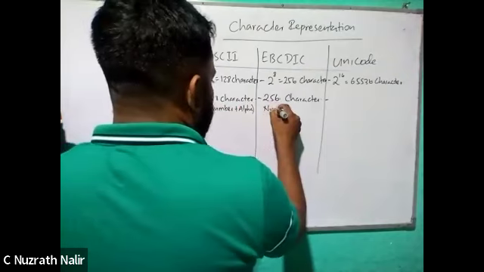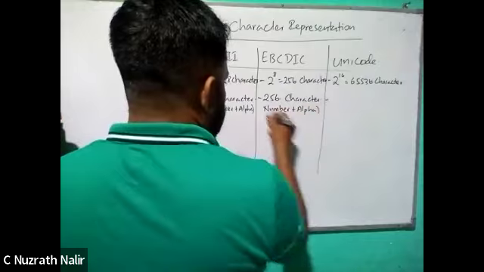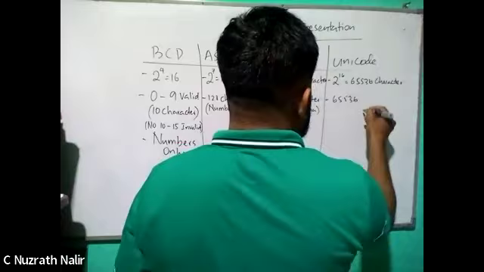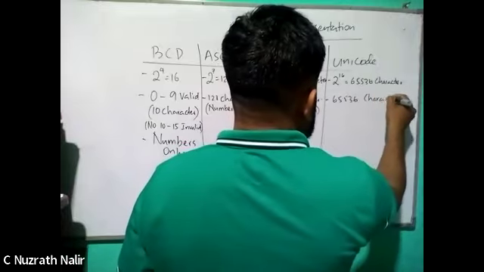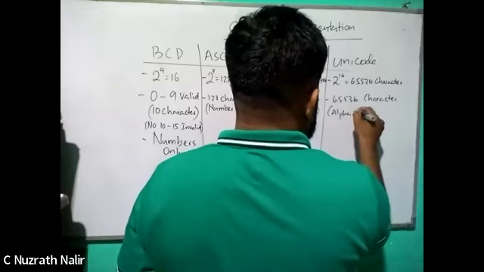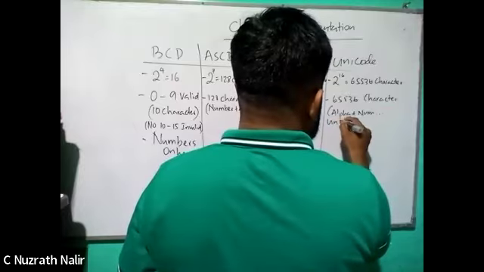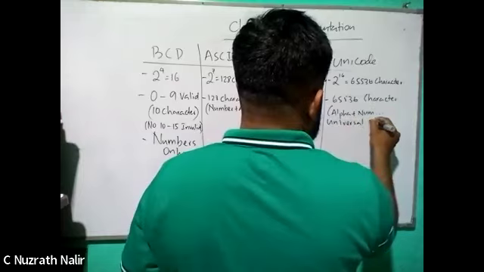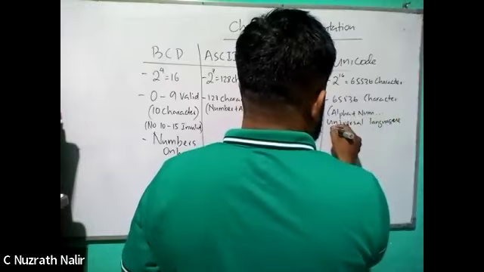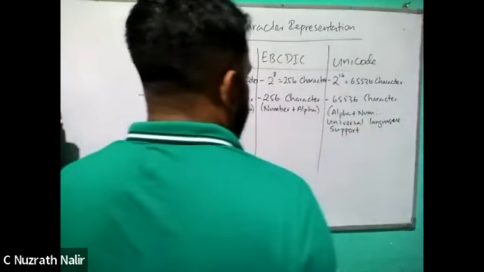Same way, here also number plus alphabet. So here, 65,536 characters, alphabetic plus number, etc. Universal language support.